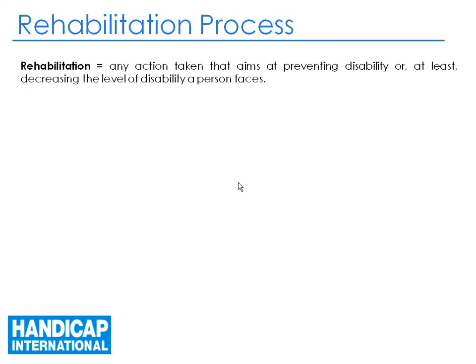Once we understand what disability is, we can easily understand what rehabilitation is about. Rehabilitation is about preventing disability, or at least decreasing the level of disability a person faces. So we saw there are three types of obstacles, and we're going to address those three types of obstacles during rehabilitation through physical rehabilitation and equipment, accessibility, and attitude change.